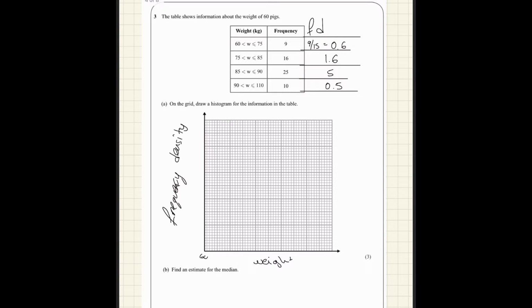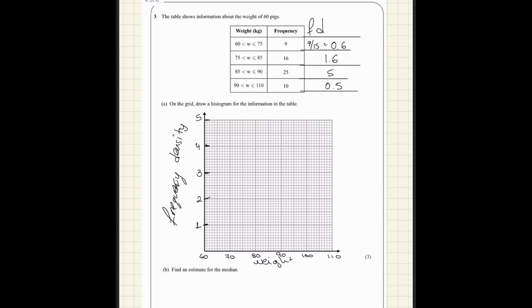Let's do 60, 70, 80, 90, 100, and 110. Okay, so I've made a scale, and on the vertical it goes all the way up to 5, that's the biggest one. So 1 here, 2, 3, 4, and 5.